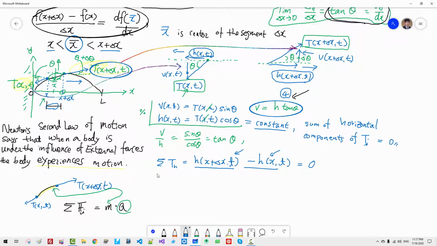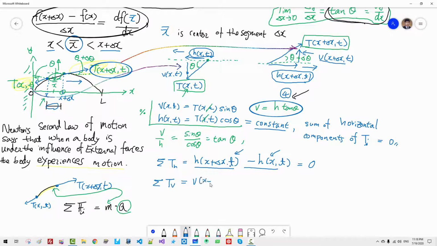Now let's think about vertical components of tension T. The sum of vertical components of T equals, in this case, V is in the increasing y direction, so it is positive.